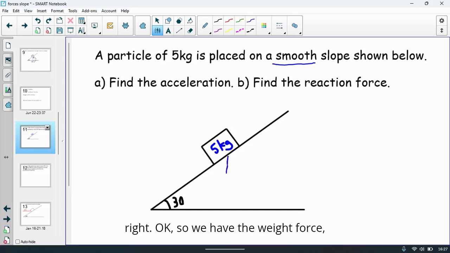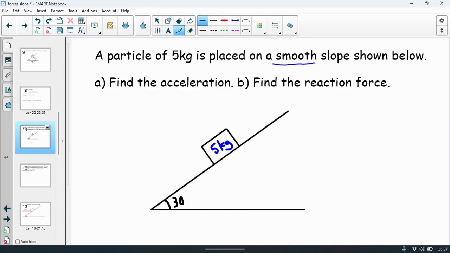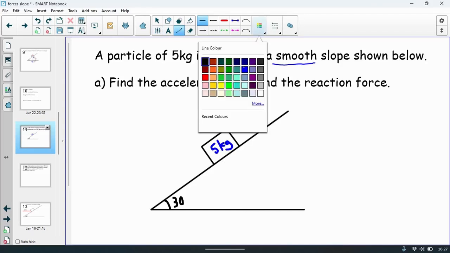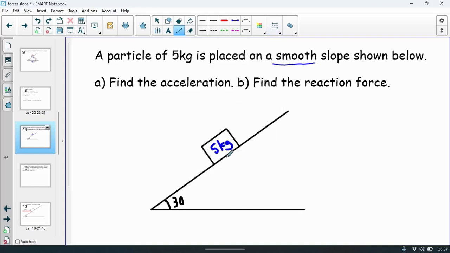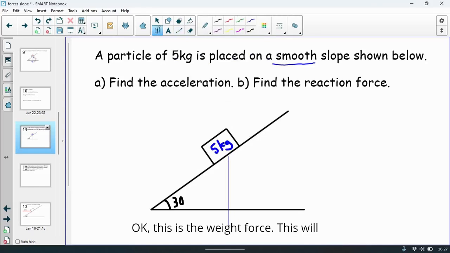Okay, so we have the weight force, which is mg. Okay, this is the weight force. This will be mg.